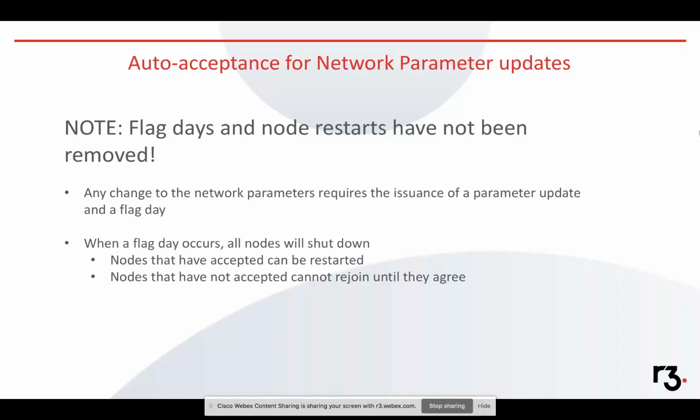I might need to provide some passwords or something like that, which I do in a different way. It's unlikely that monitoring the node will work. But yeah, no, you're right. This is a small change. The whole rigmarole of a network parameter update still exists, so there's still some work around that.